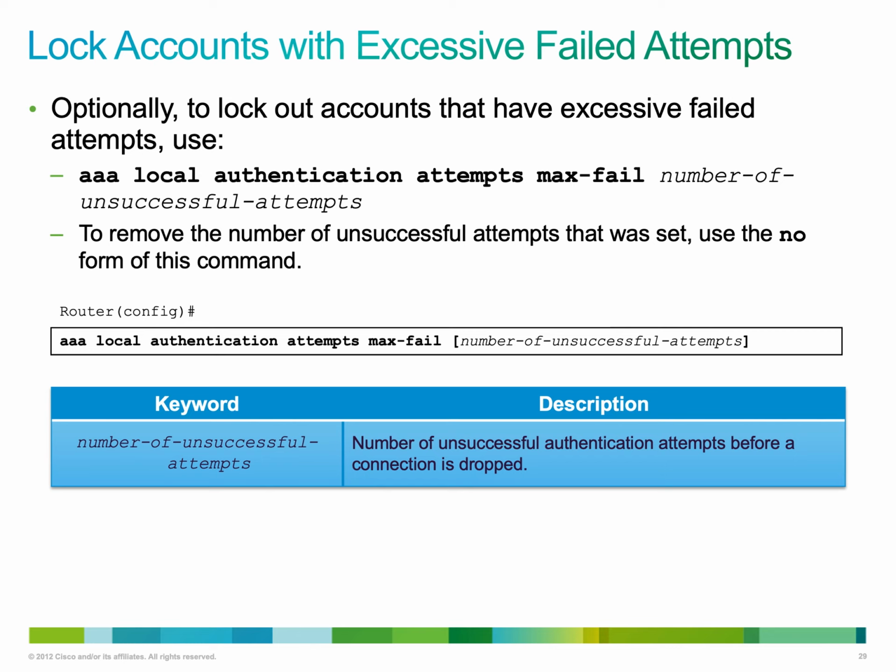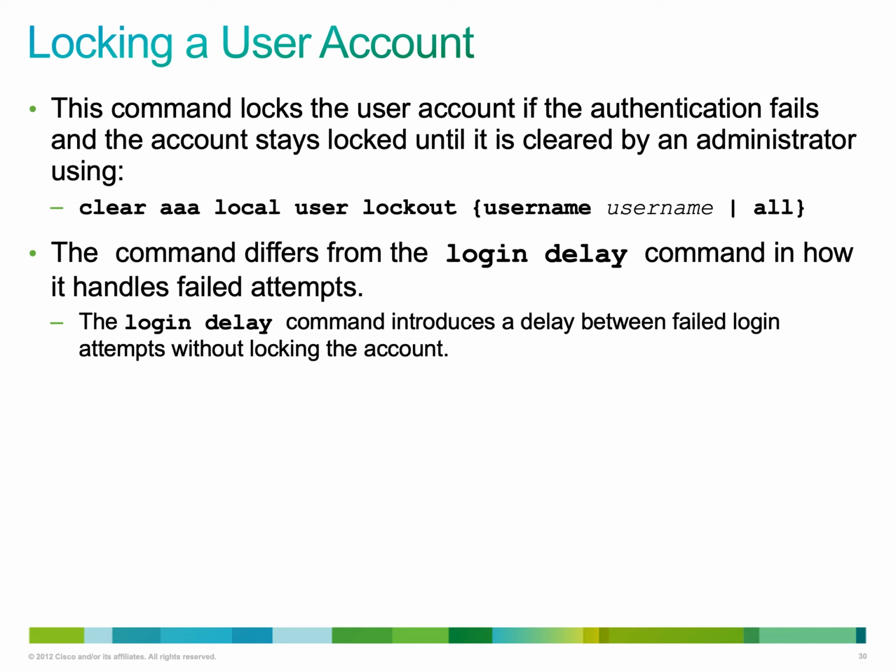The number of unsuccessful attempts is the number of unsuccessful authentication attempts before a connection is eventually dropped. Now, locking a user account. This command locks the user account if the authentication fails, and the account stays locked until it is cleared by the administrator.